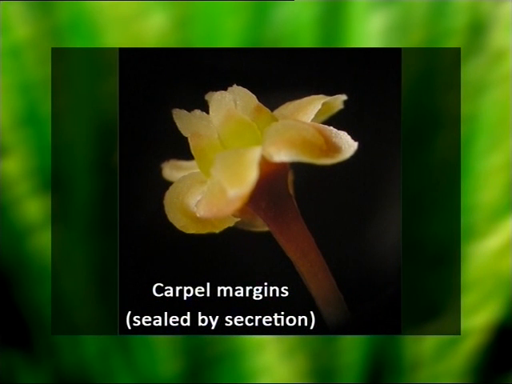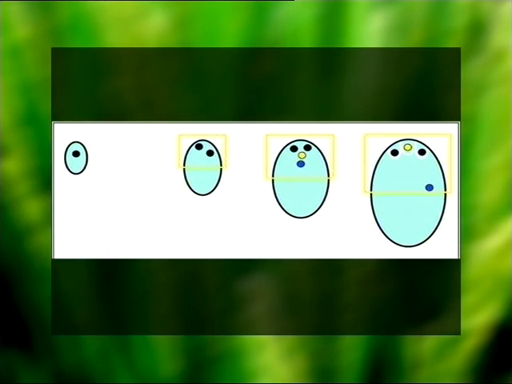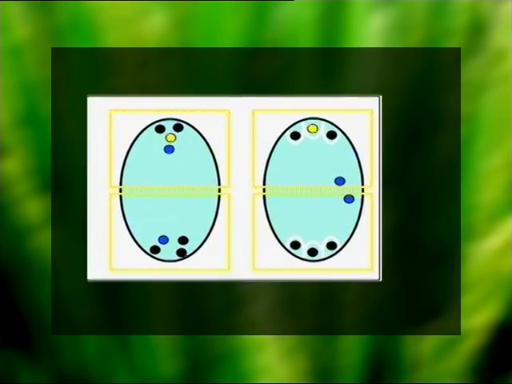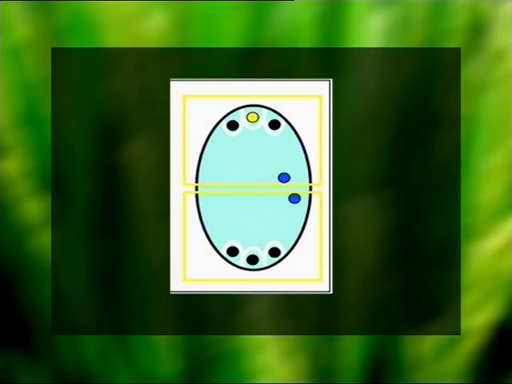This group may be characterized by carpel margins usually sealed by a secretion, whereas we have seen in the majority of the angiosperms the carpels are closed by postgenital fusion of epidermal layers. Members of these lineages have a 4-nucleate female gametophyte and interestingly diploid endosperm, whereas we know most of the angiosperms have an 8-nucleate female gametophyte and a triploid endosperm.